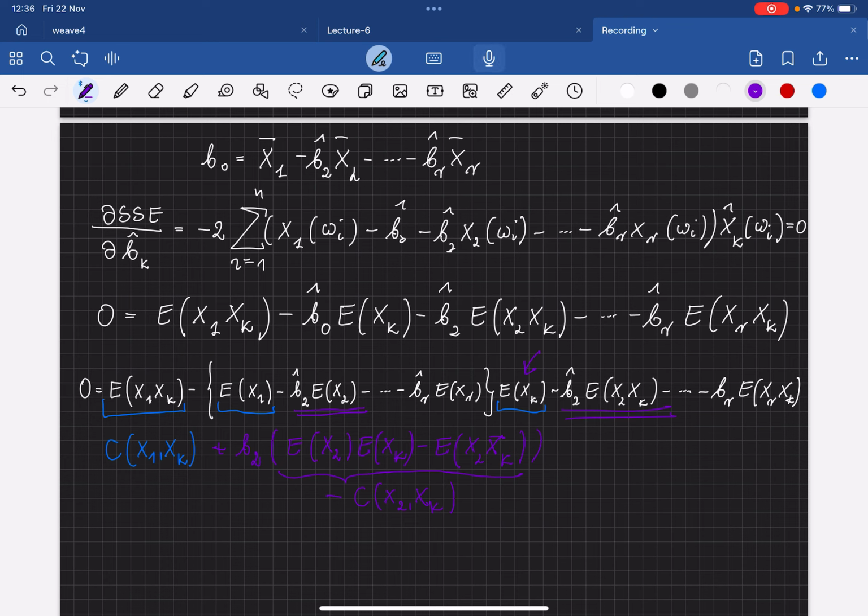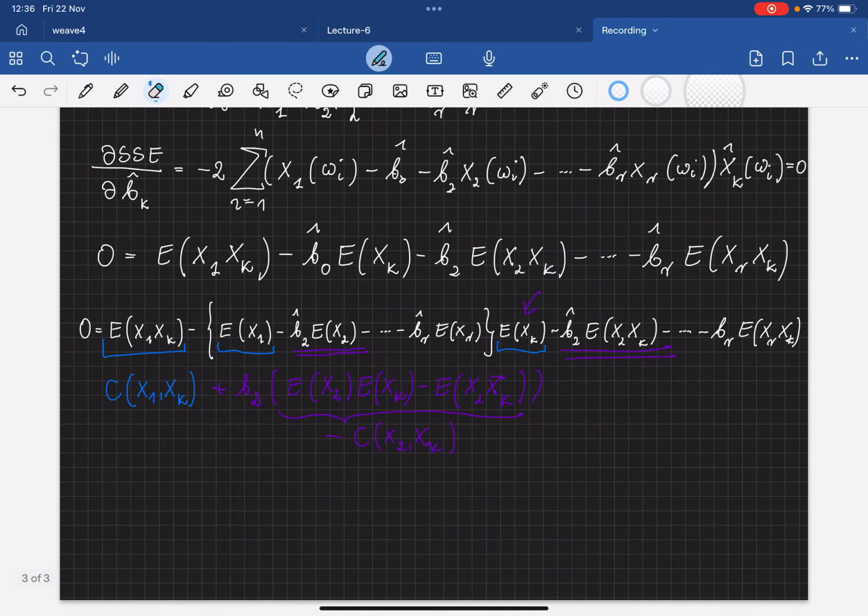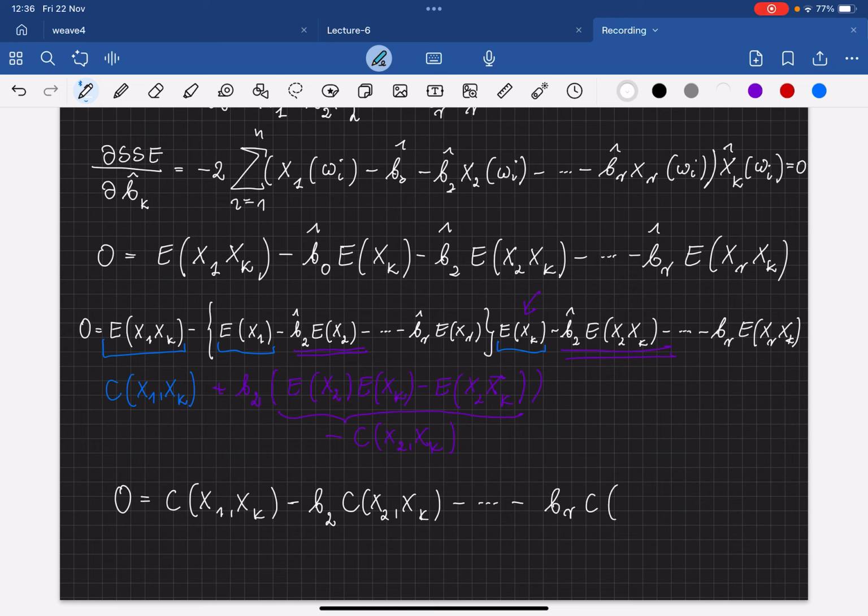And the same can happen for all the coefficients up to r. Therefore, in white, I can finally write that 0 must be the covariance of x1 xk minus b2 covariance x2 xk minus up to br covariance x2 xr.